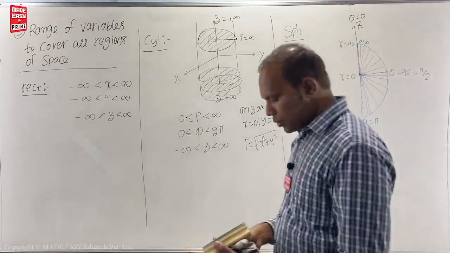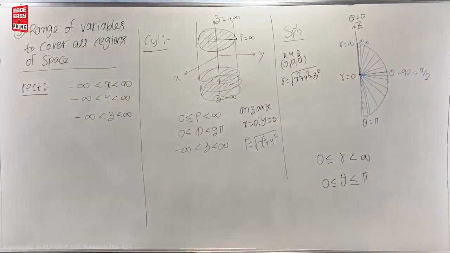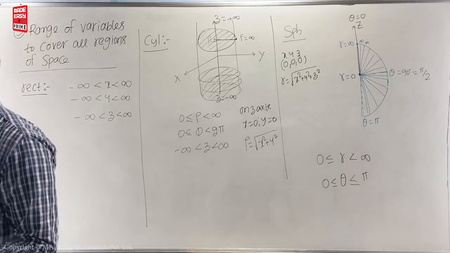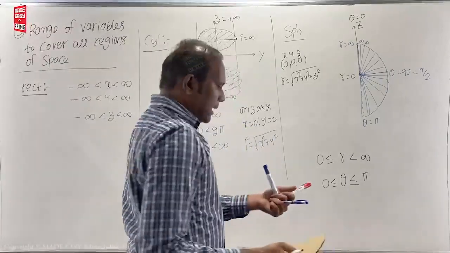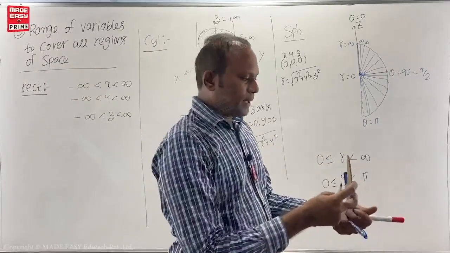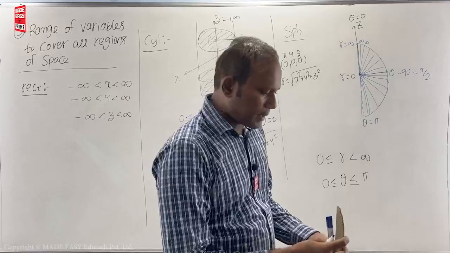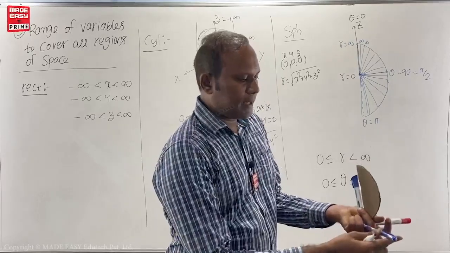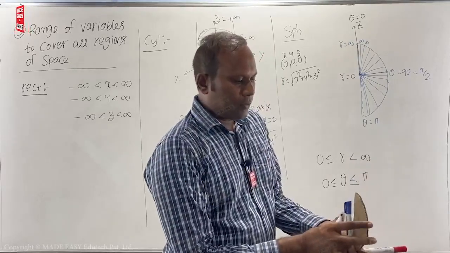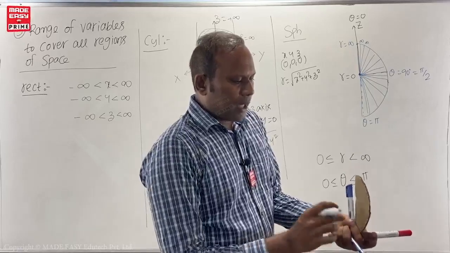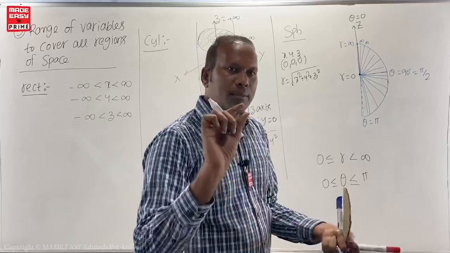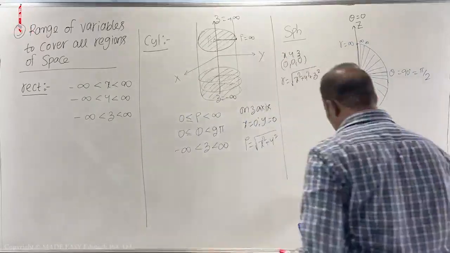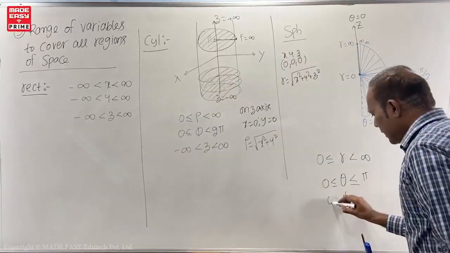Now I am showing you here: let us take this semicircle and put it on the x-axis like this. I am putting the semicircle on the x-axis, so the horizontal angle becomes 0.